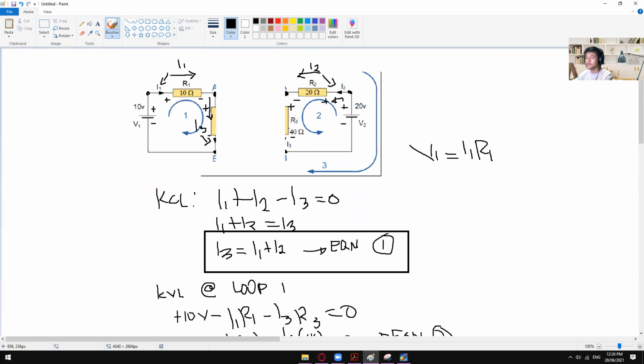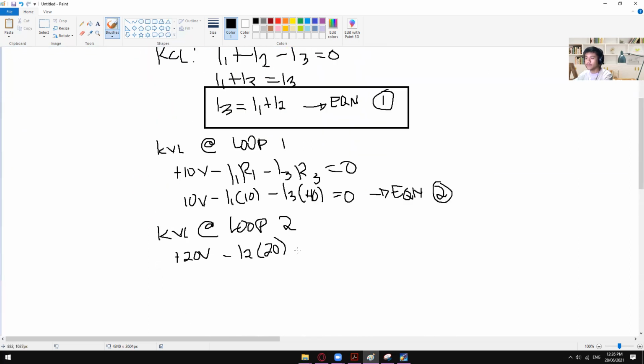Followed by the other voltage drop on the R3, so minus I2 times R3, which is 40 ohms, equal to 0. So this is now our equation number 3.